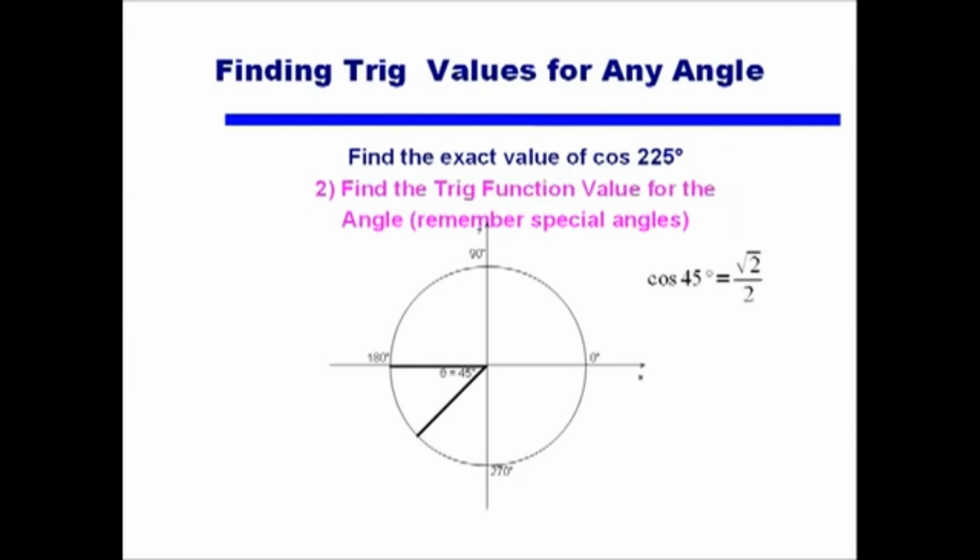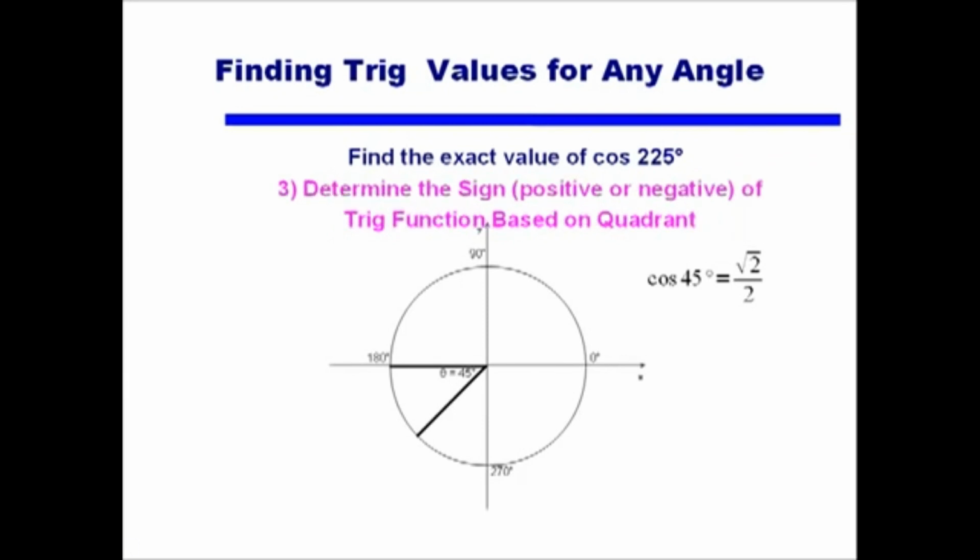I know that the cosine of 45 degrees is equal to square root of 2 over 2. So that is our next step, finding the trig function value for the reference angle we found. Again, you need to go back and memorize the sine, cosine, and tangent of 30 degrees, 45 degrees, and 60 degrees if you haven't already done so. We'll be using them over and over and over again in this class.